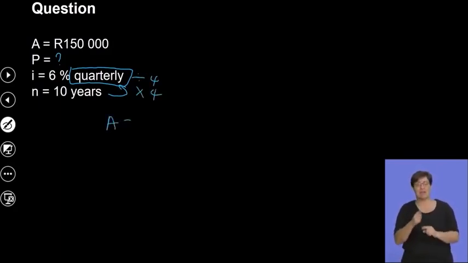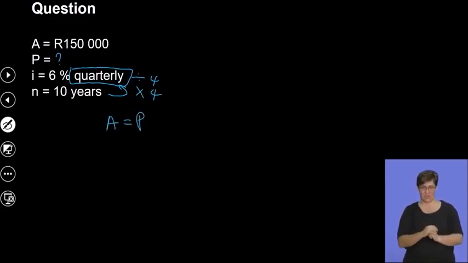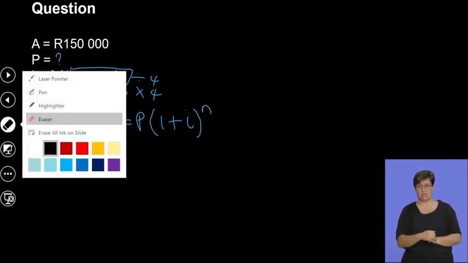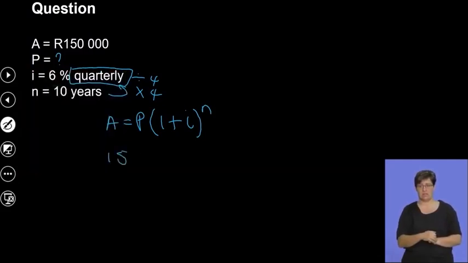So the calculation will be A = P(1 + i)^n. My A is 150,000, so 150,000 = P, that's what we're looking for.